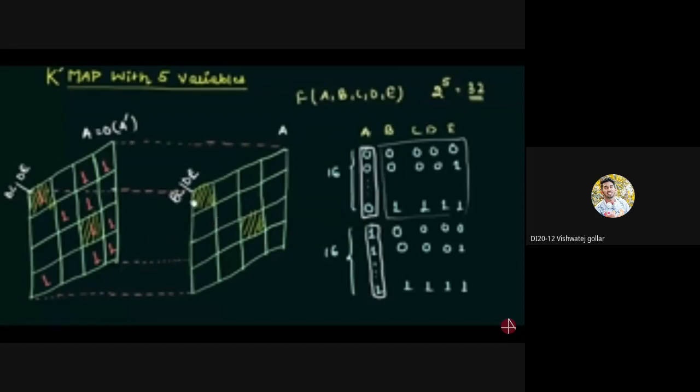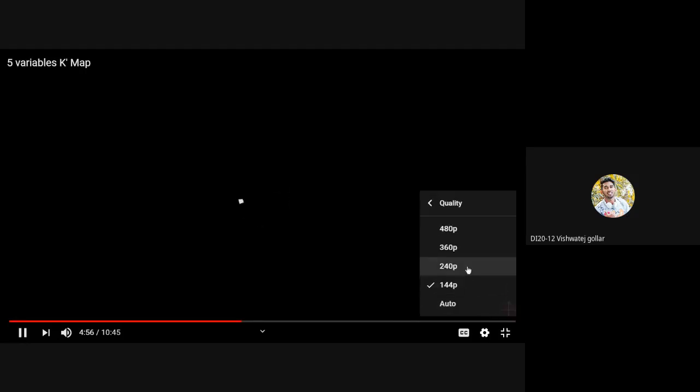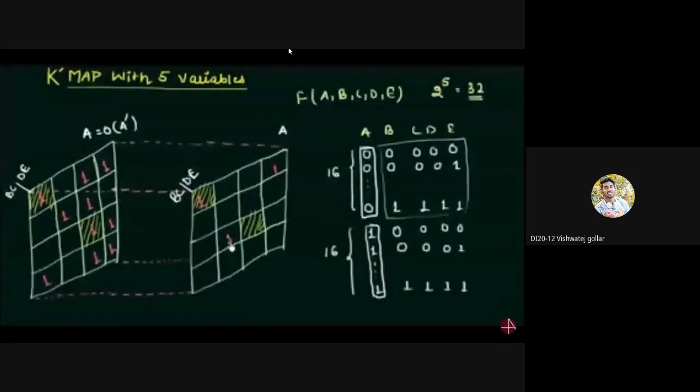And in this map, we are having 1 over here. Okay, I think it's done now.